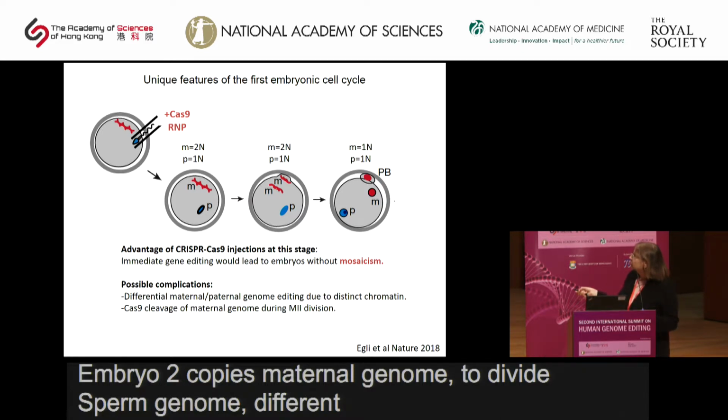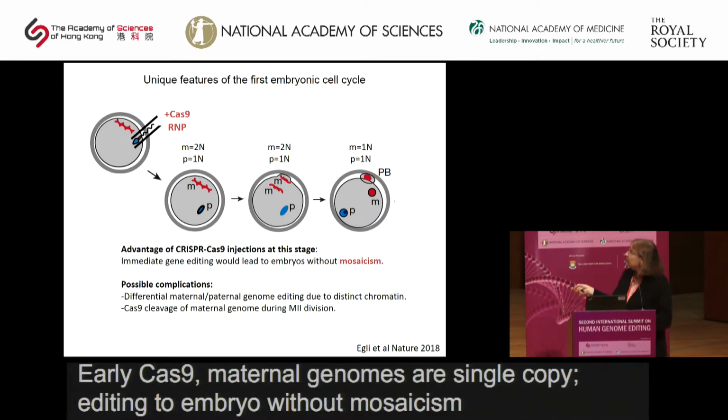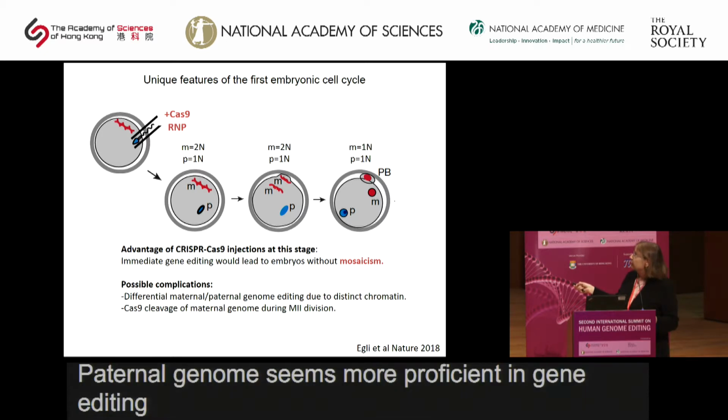But there are complications because the two genomes are so different chromatin-wise. The paternal genome seems to be much more proficient in gene editing than the maternal genome, at least in a mouse study that's been published. And then the other point, again, is that the maternal genome is undergoing this second meiotic division, and so one would think at this point that interactions between the two genomes before the pronuclei have formed would be discouraged.